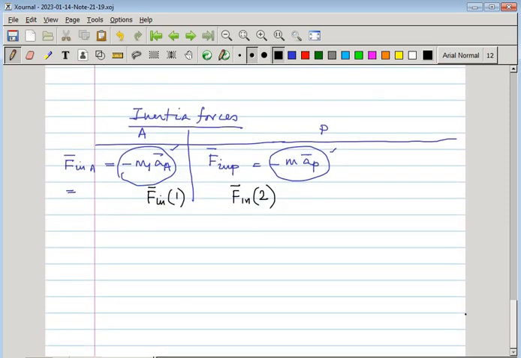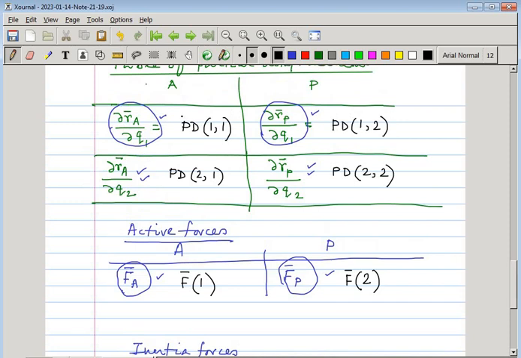Then your equation will be F1 dot PD 1 1, this is a vector, plus this PD is also a vector because this array is a vector.